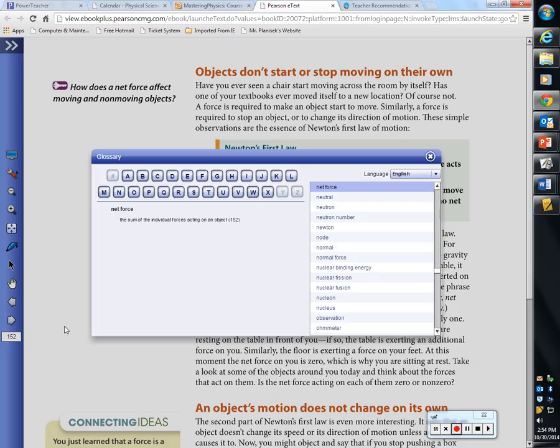If they're pointing in the same direction, easy, we just add the numbers. If they're pointing in opposite directions, we subtract the numbers. But if they're at right angles to one another, now we have to use the Pythagorean theorem to find the resultant. So net force is just the resultant force, and that will become important as we start looking at applications of this stuff later on.